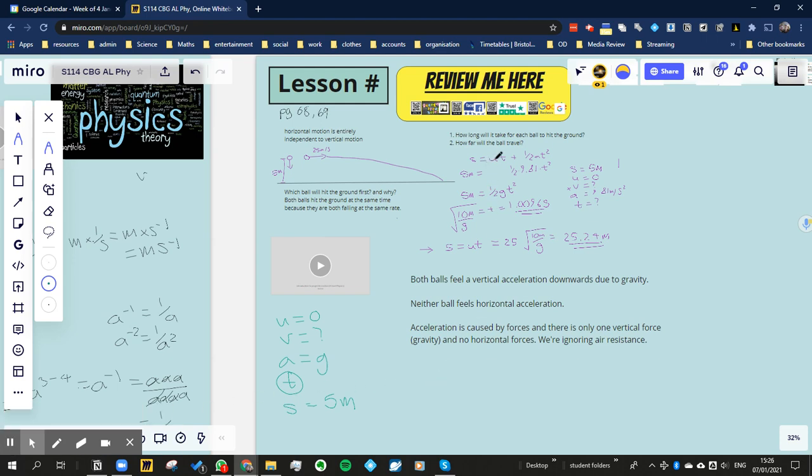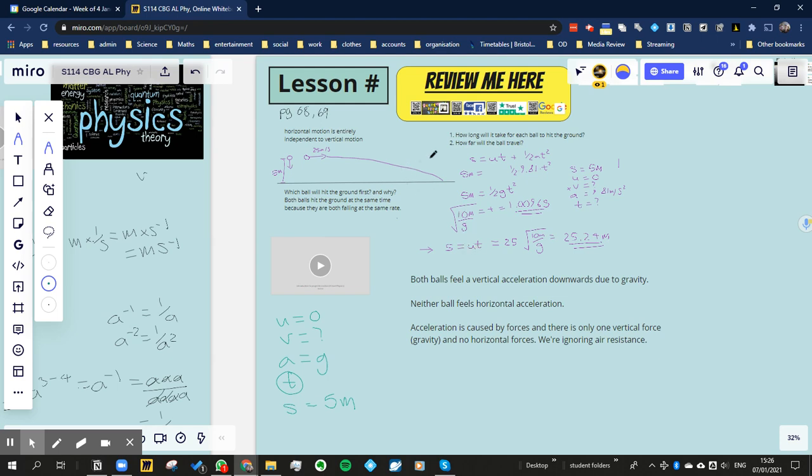It's s equals ut plus half at squared. We know that u is equal to 0. So 5 meters is equal to half times 9.81 times t squared. You would rearrange that, and with a bit more maths, you'd see that it's just over 1 second. To work out how far it's going to travel, you're then going to sub that in.